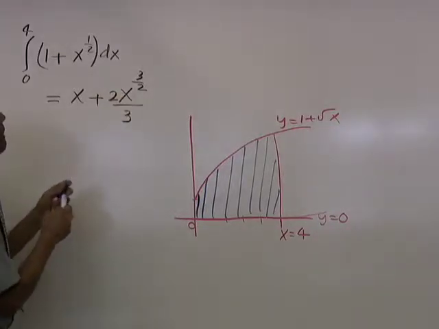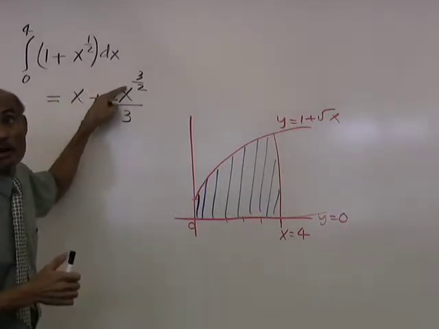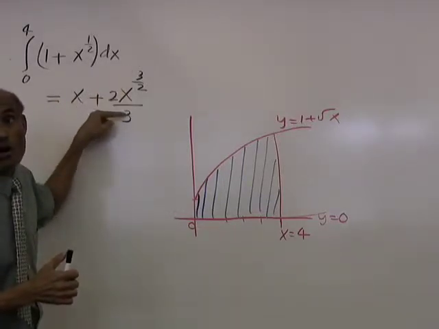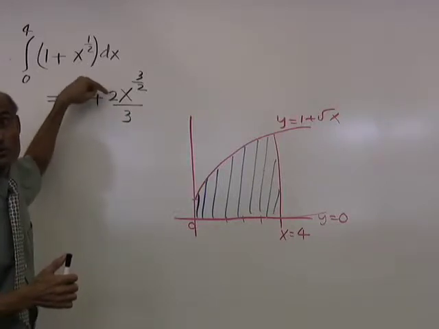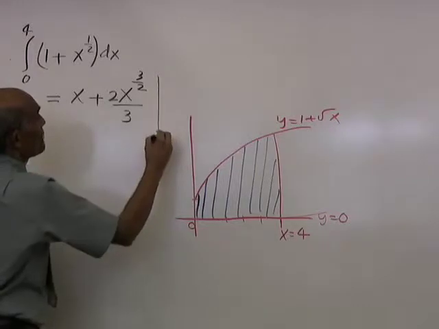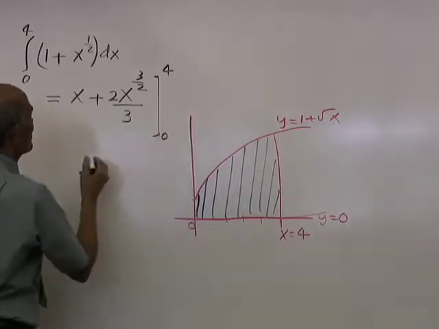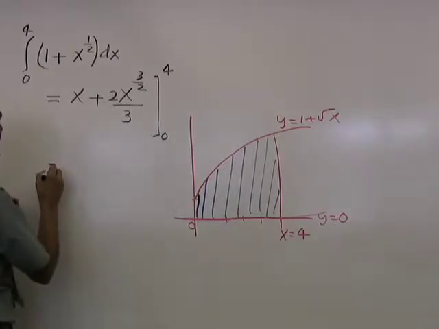The integral of x to the power of 1/2 is x to the power of 3 over 2 over 3 over 2. There you go. Now that goes from x equal to 0 to x equal to 4. And let's find the value of that.